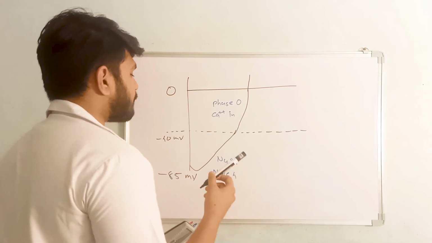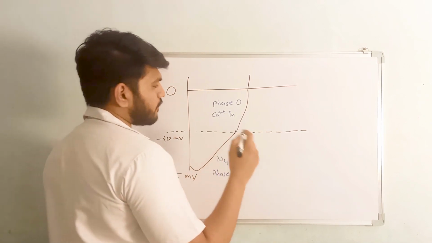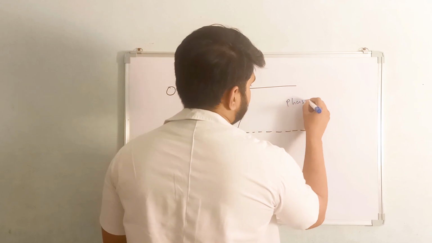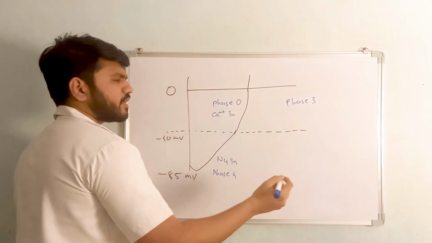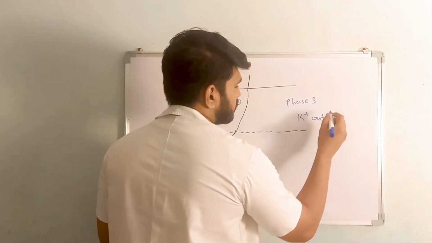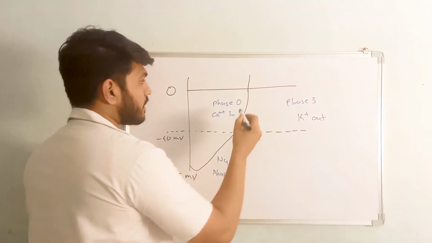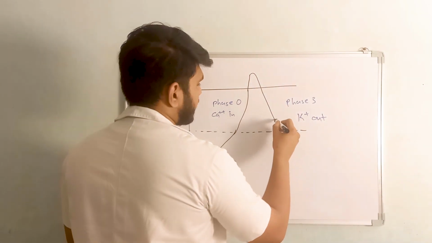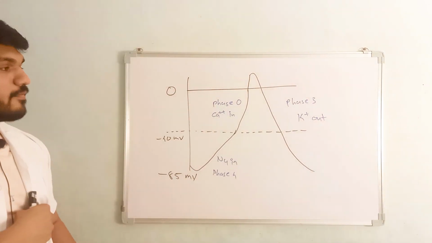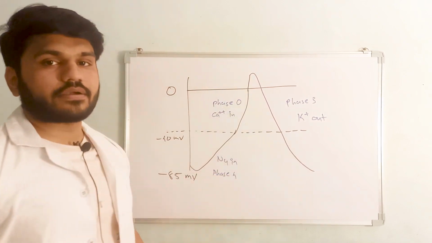After that, in phase 3, in this phase, potassium will start coming out of the cell. And that's why our membrane potential will fall like this, in a gradual manner.